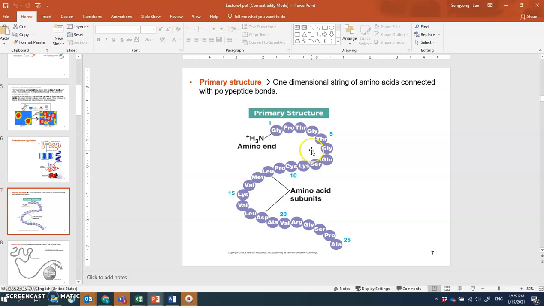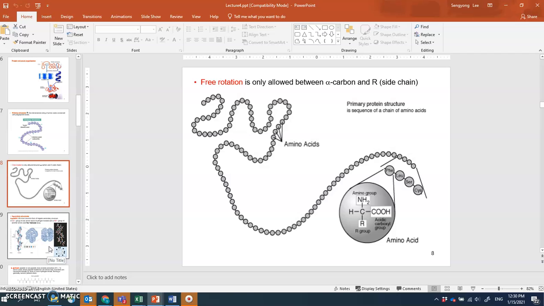Pretty simple, but protein molecules do not stay as this linkage of chains. Actually, they will fold up further. If you look at that primary structure, we know that peptide bonds are very rigid covalent bonds, so they will stay put.